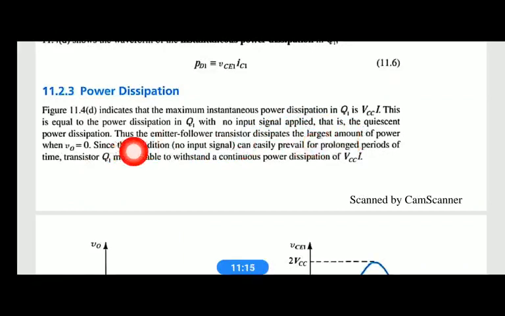This is equal to the power dissipation in Q1 with no input signal applied, that is the quiescent power dissipation.